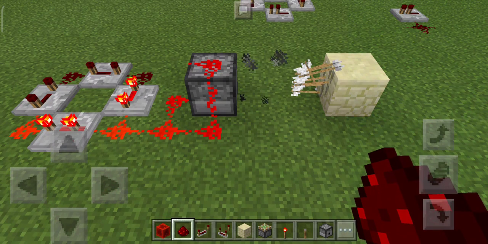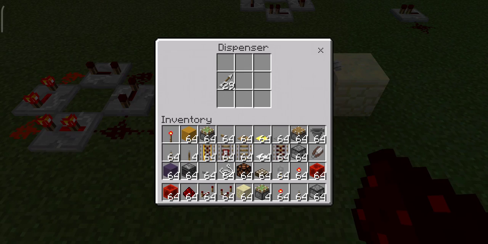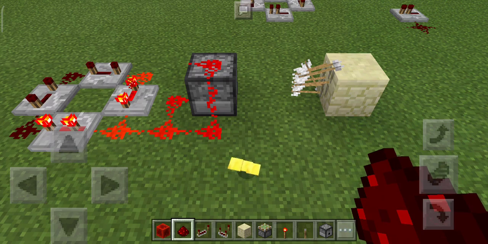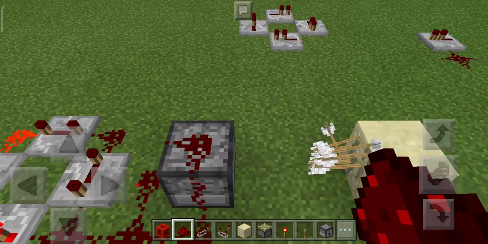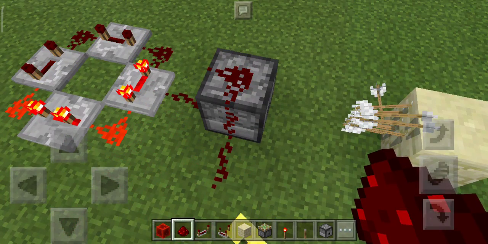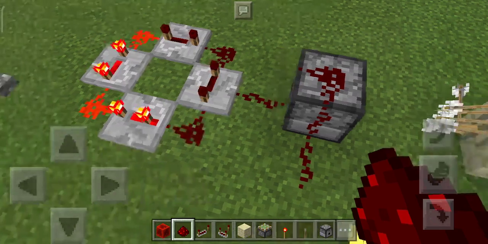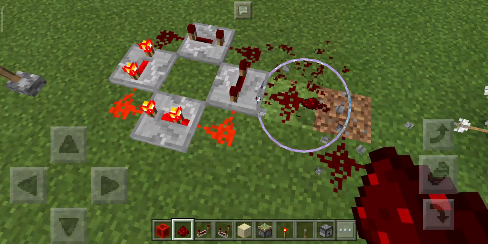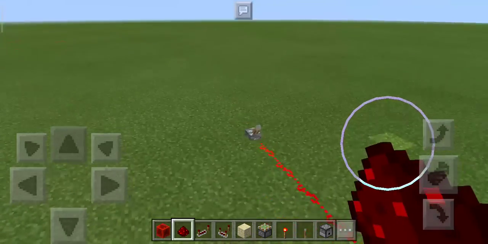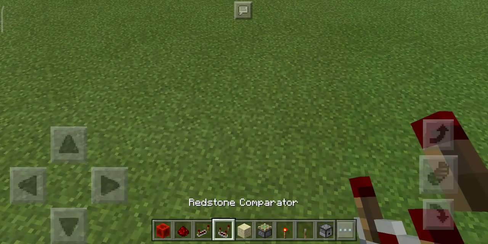But what if we want, what do you do, so eventually these arrows are going to run out, but it will still keep on going on, and that annoying dispenser sound keeps coming on, right? You have to use a clock, the same clock, but we will be using this clock with something else rather, and that clock can be made with a redstone comparator.